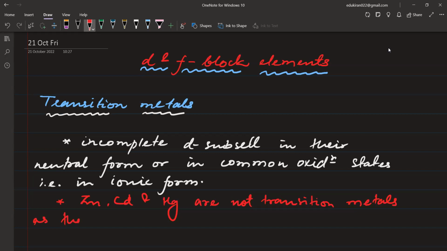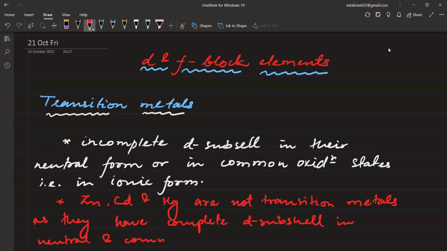As they have complete D subshells in neutral and common oxidation states. This is the first thing that you will see.